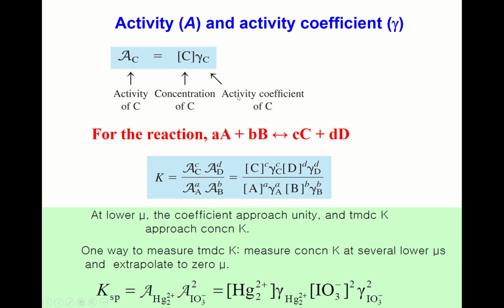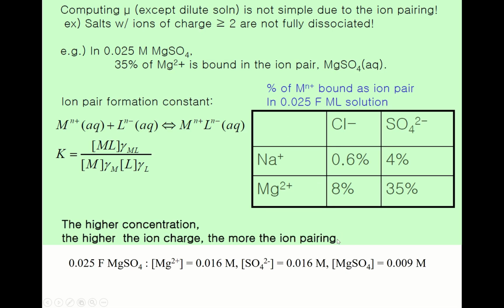Gamma is called the activity coefficient. Why do we introduce the activity coefficient? That's because with only molar concentration we cannot explain the behavior of solubility or equilibrium constant change as the ionic strength increases.